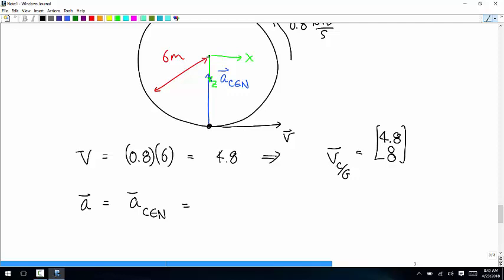Okay, so the centripetal acceleration is in the negative z. It has a magnitude that's equal to v squared over r. So this is 0, 0, negative v squared over r. So that's 4.8 squared over 6.